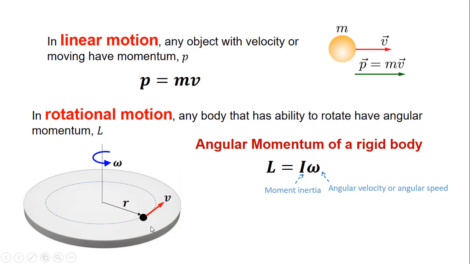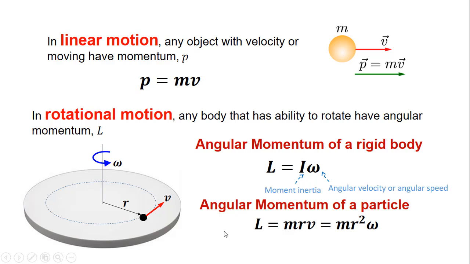Then this particle will have angular momentum, which can be calculated using these equations. The angular momentum for this particle is given by L equal to mrv, or mr squared omega.